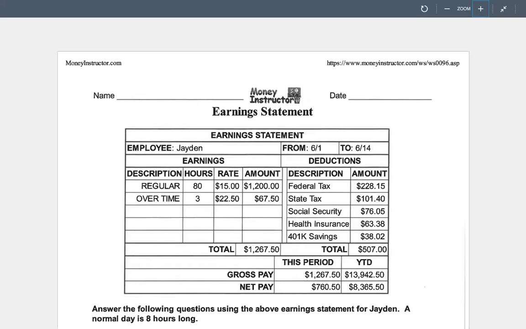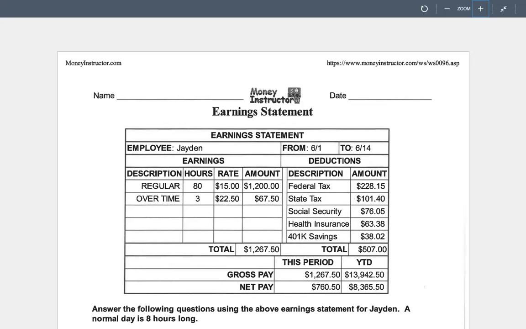Social Security. There was $76.05 taken out of Jayden's paycheck to pay towards Social Security. The next item is health insurance. $63.38 was taken out of Jayden's check to pay his health insurance, his medical insurance.